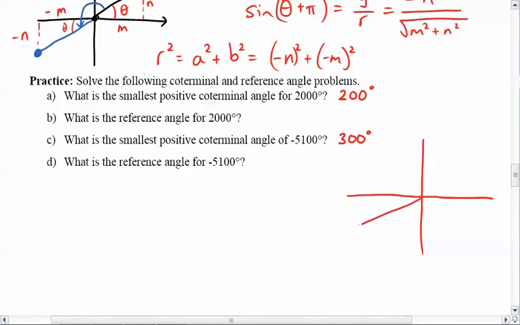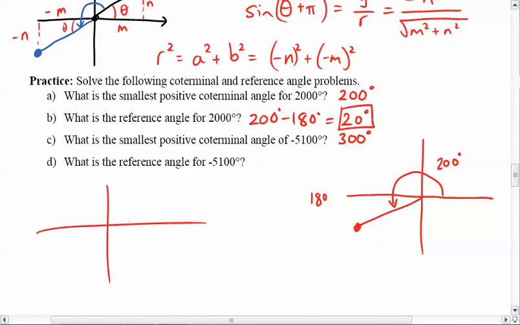So 200 degrees is just a little bit more than 180. The reference angle is how much more it is than 180. So that would be 20 degrees. 300 is just a little bit less than 360.